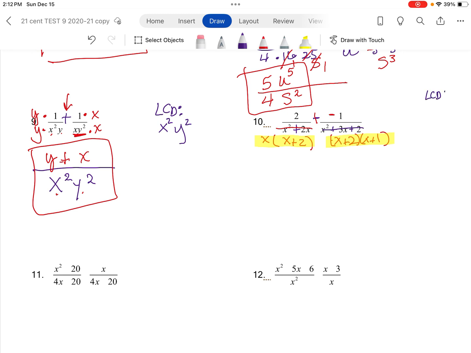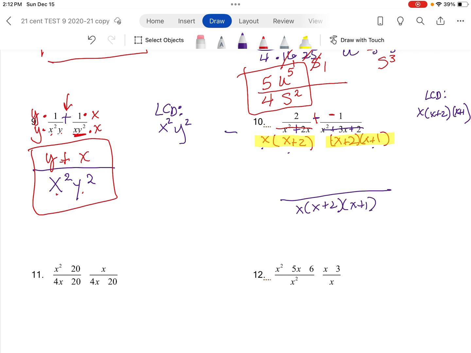So my LCD, I see an x, I see an x plus 2. In this fraction, the different one is x plus 1. So that is the denominator I want, x times x plus 2 times x plus 1.